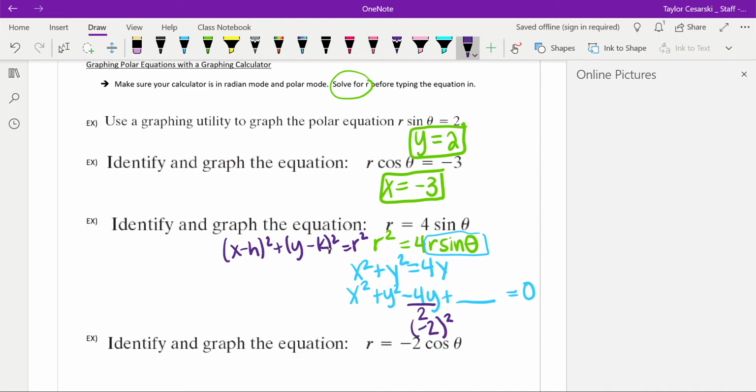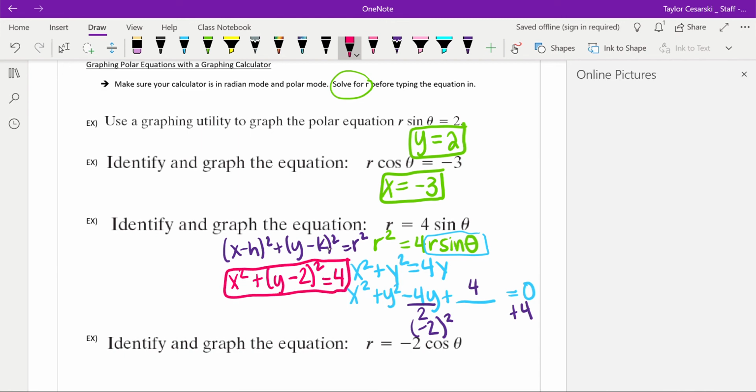So I take my -2 and square, that's 4, and so then I have to add 4 on the right. So I end up with x squared plus (y minus 2) squared, that just came from whatever number was in my parentheses, equals 4.